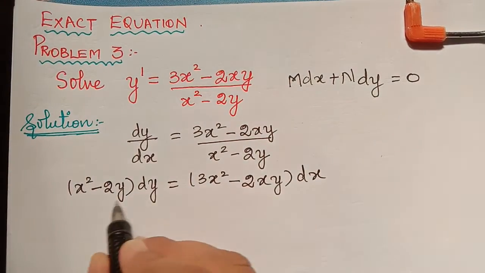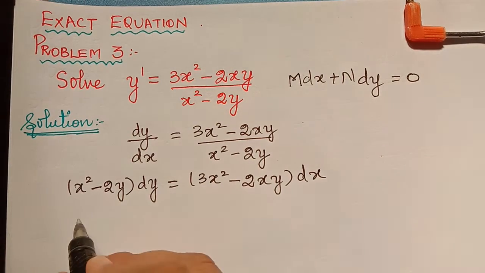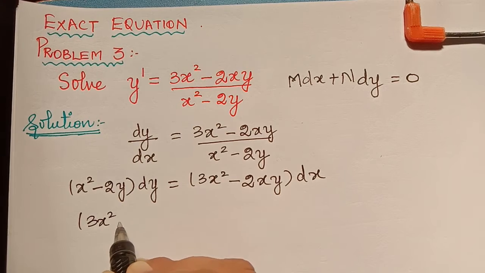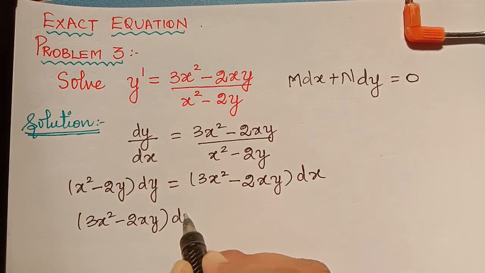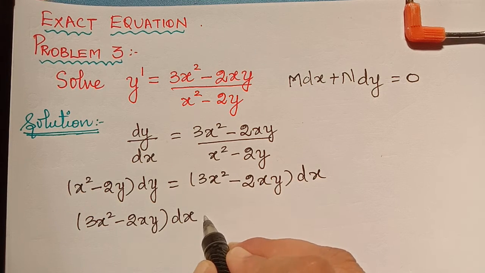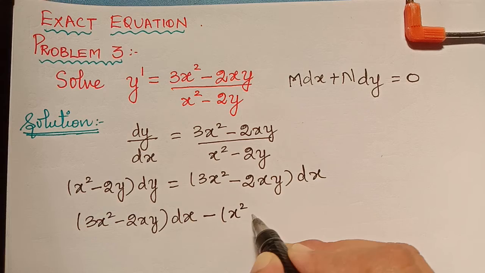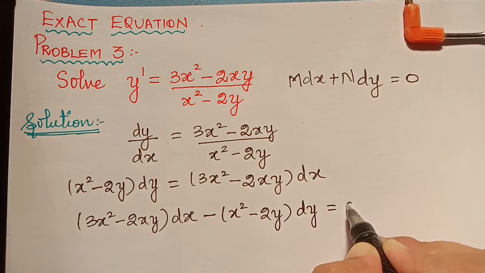Now bringing this term to the other side, we can write this as 3x squared minus 2xy dx, and then when this is brought to the other side, it will become negative x squared minus 2y dy is equal to 0.